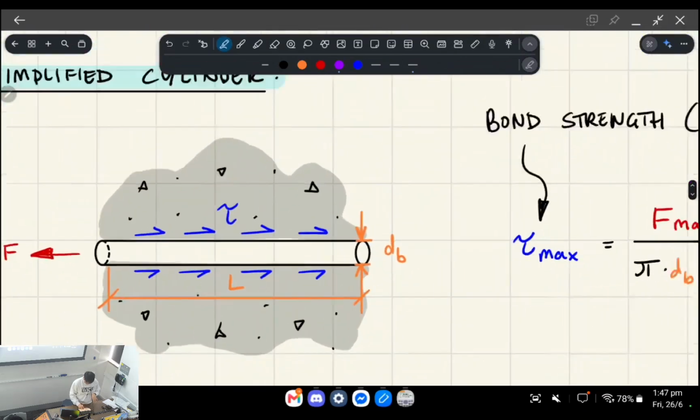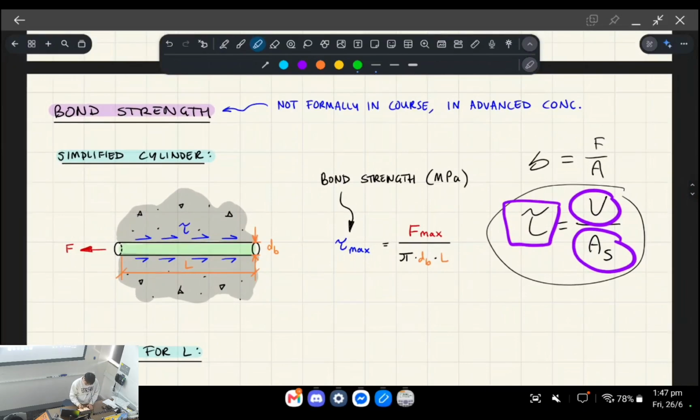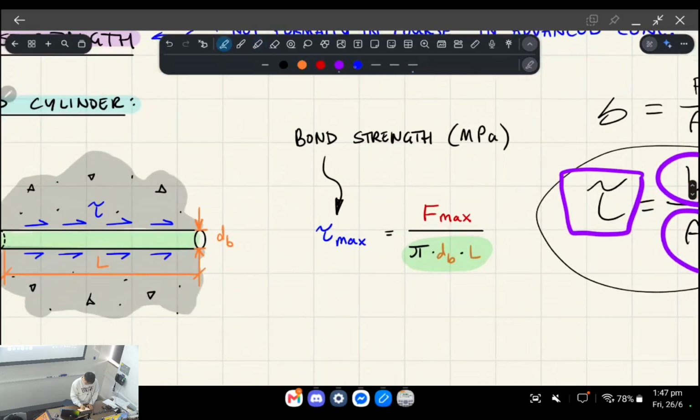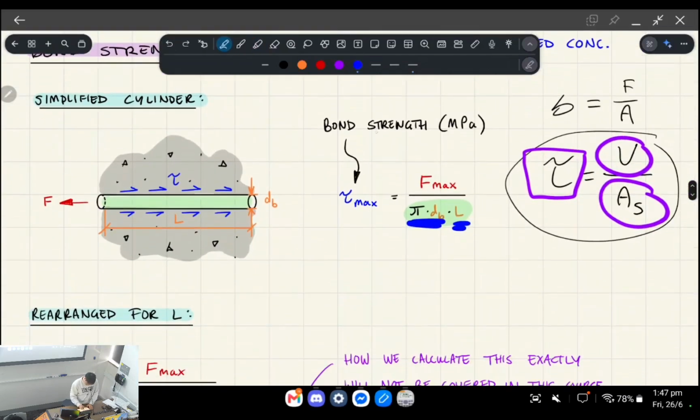Okay, so when I say shear area, I'm referring to the cylinder's area that's not the circle parts. Okay, so the outer shell part of the cylinder. So that follows this formula: the circumference of a circle multiplied by the length of that cylinder. That's essentially what bond strength is.